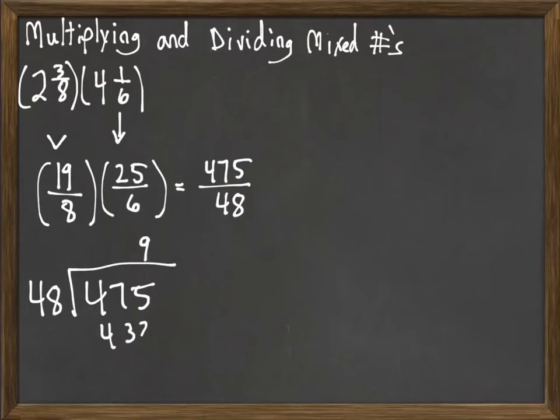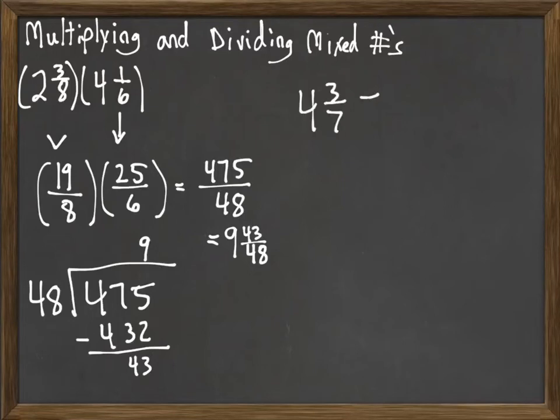That will actually go 9 times, and if you multiply 9 times 48, you'll get 432 with 43 left over. And remember, the remainder then is our new numerator. So we get the answer 9 and 43 over 48.